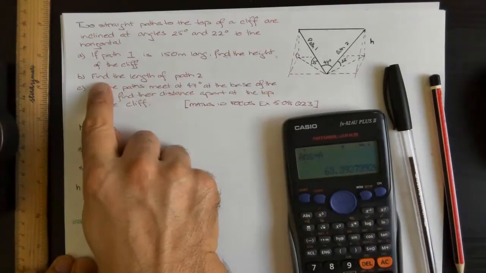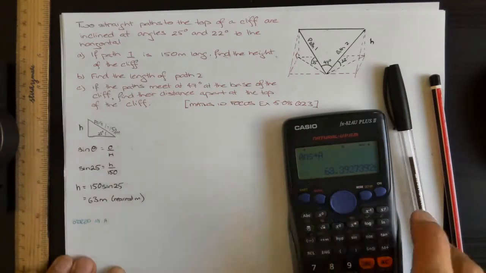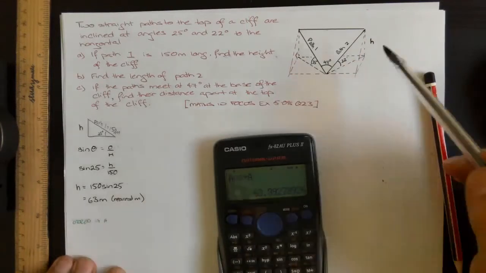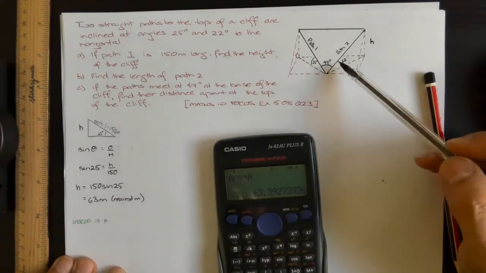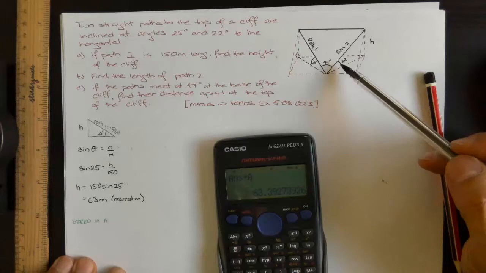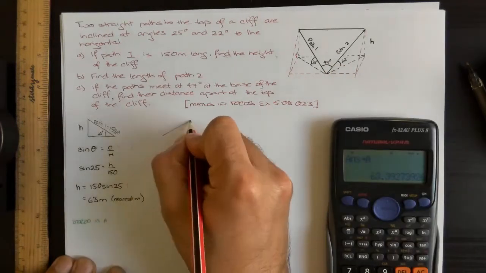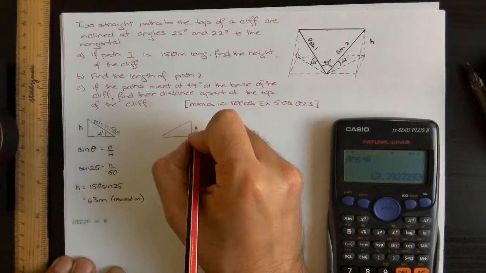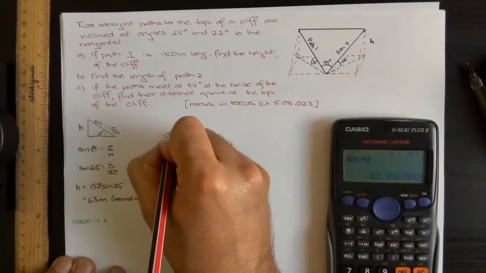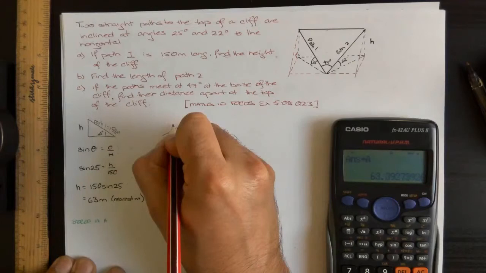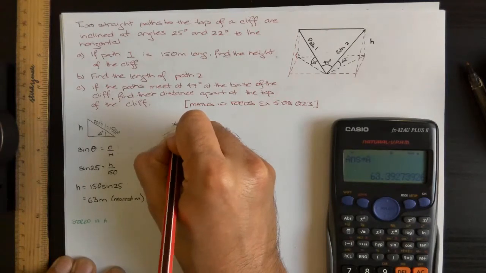The second part says find the length of path 2. So I know what my h is, I just found it. I know that this is a 22 degree angle of inclination. I want to find path 2. So what I've got is another triangle here. There's h. This is 22. And I want to find, let's call it x.